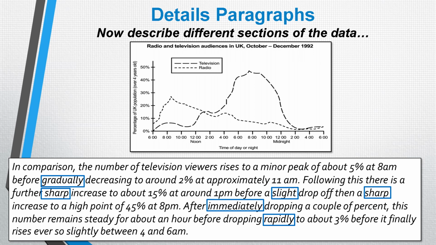These are all adverbs that are really descriptive and effective at describing the data. So you ought to be using a range of adverbs like this as well. Notice again that I've used words such as around, approximately, and about when I'm not sure what the exact number is. And remember, I need to do this to ensure my description is accurate.